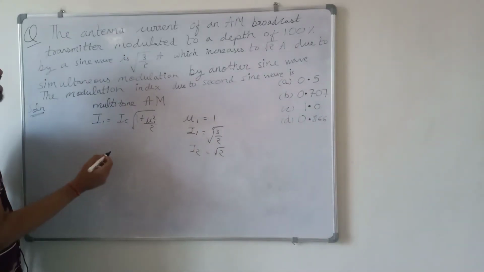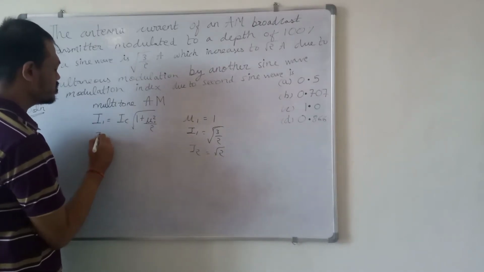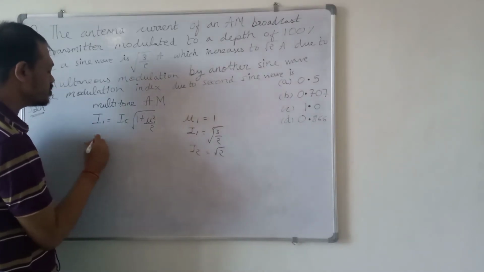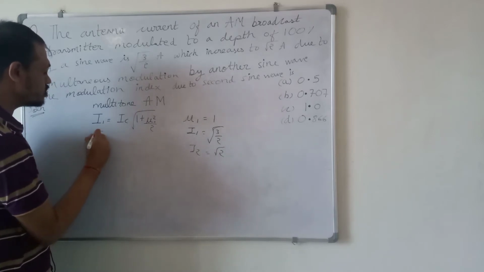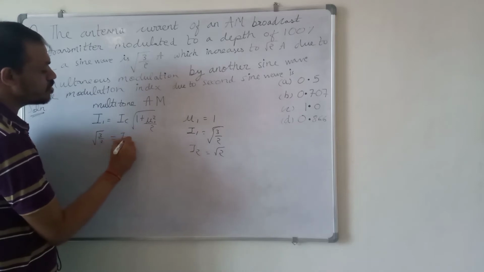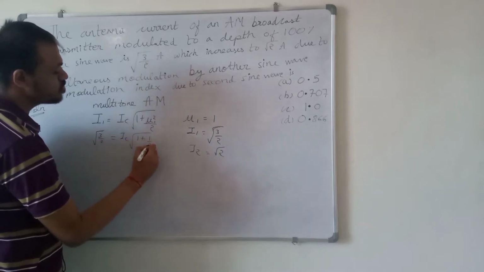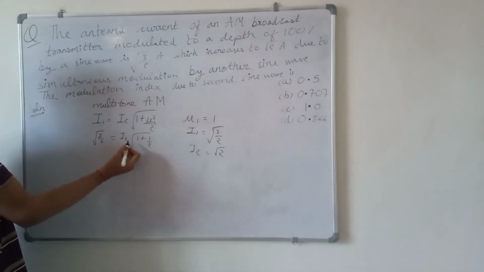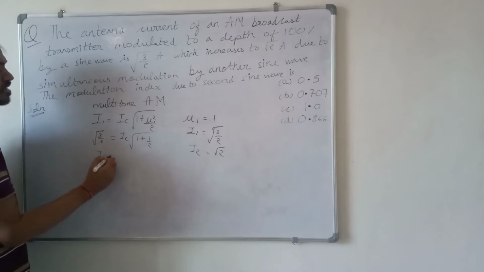So root 3 by 2 is equal to IC into 1 plus 1 by 2. If you solve it, it will also become root 3 by 2. So IC will be equal to 1.